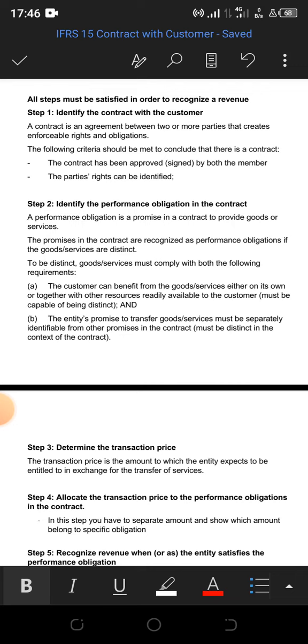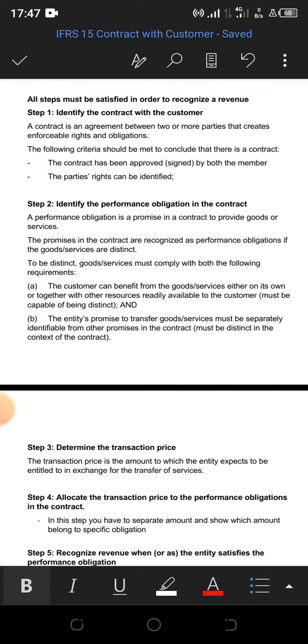Distinct simply means that the customer must benefit from the good that he or she is going to receive. The second requirement is that the entity's promise to transfer goods or service must be separately identifiable from other promises in the contract.